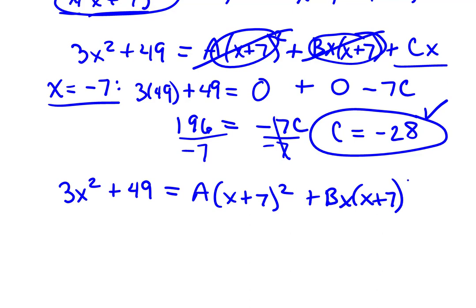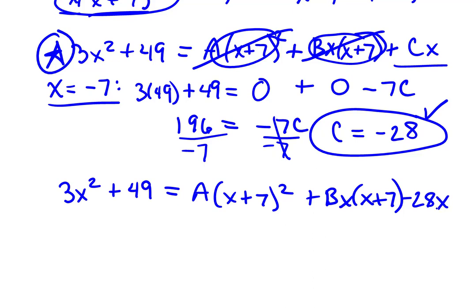Okay, so we're just copying down what we had at that previous step, the cleared fraction version. We're just recopying the whole thing, except now we know that c is negative 28. So instead of saying plus cx at the end, we'll just say minus 28x.